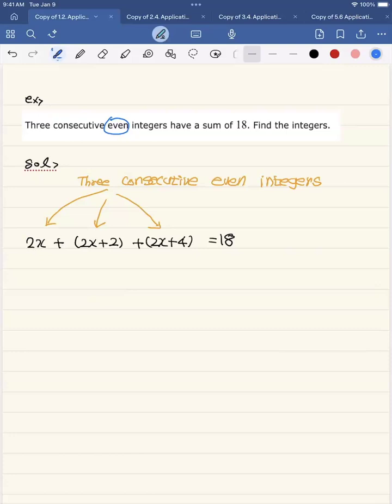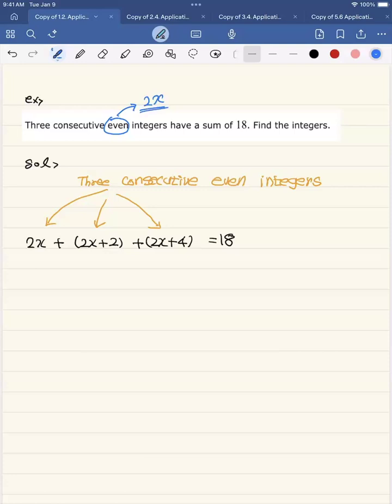In the next problem, we have 3 consecutive even integers whose sum is 18. An even number usually can be expressed as 2 times x.